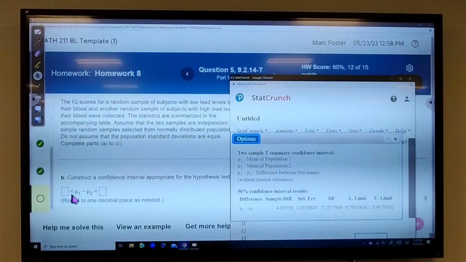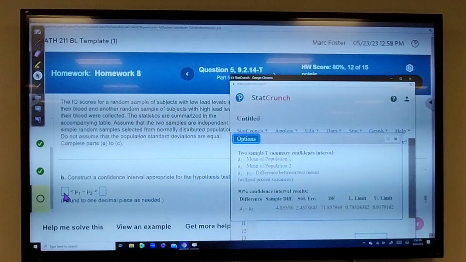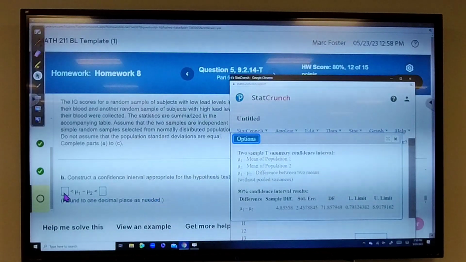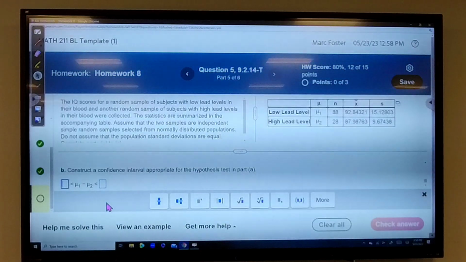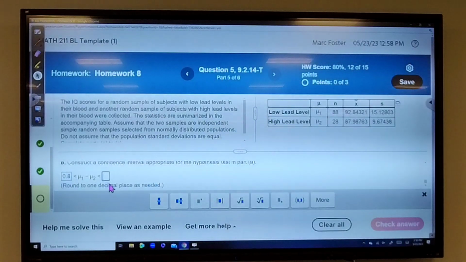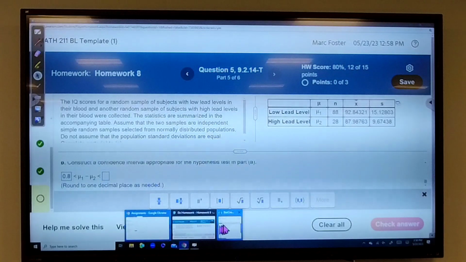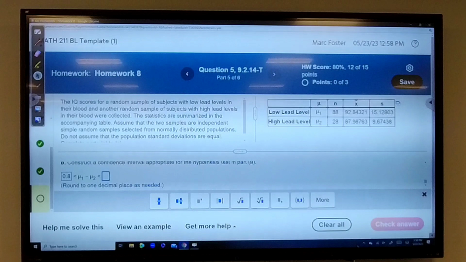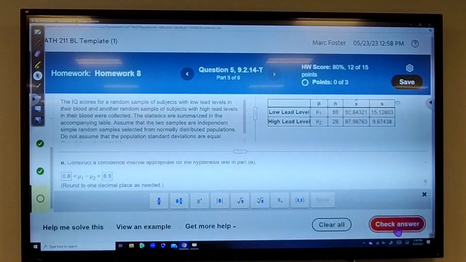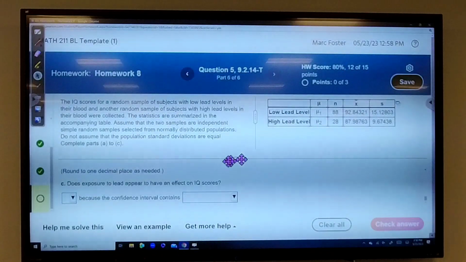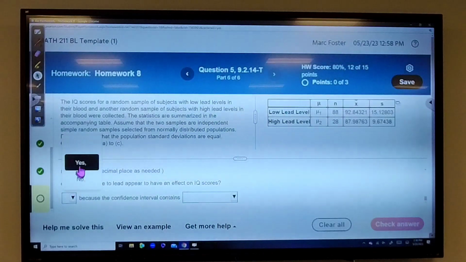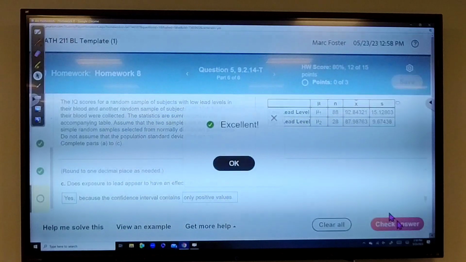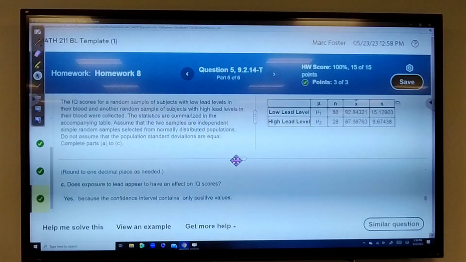To 1 decimal place, somewhere between 0.8 IQ points and 8.9. Does it support it? Yes, because the confidence interval contains only positive numbers.